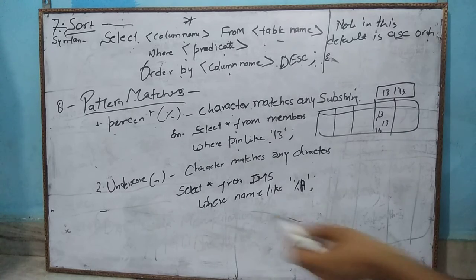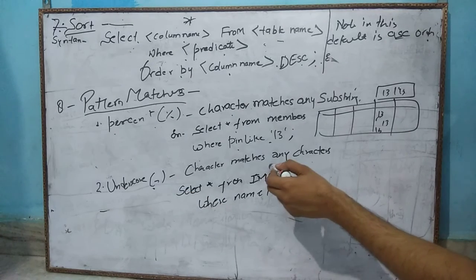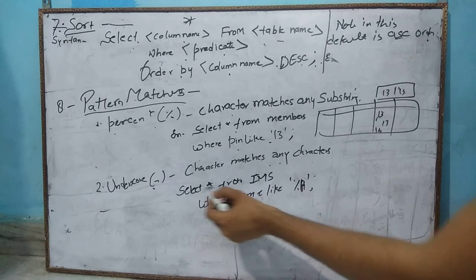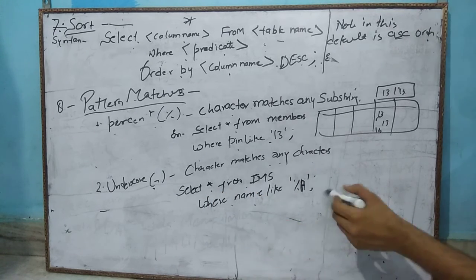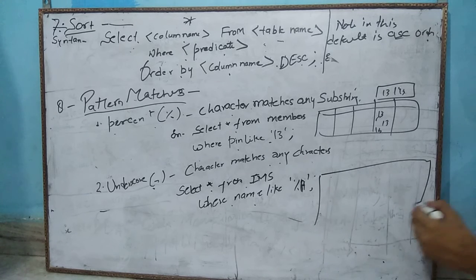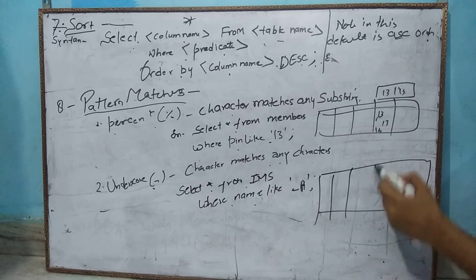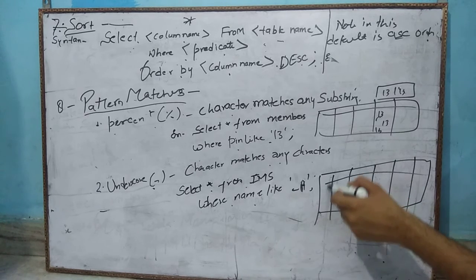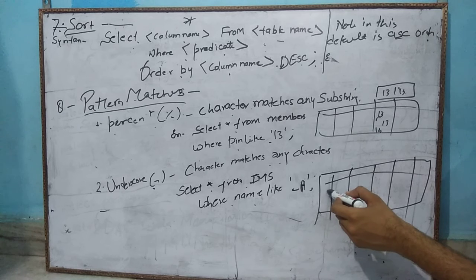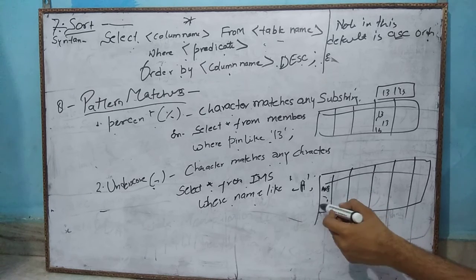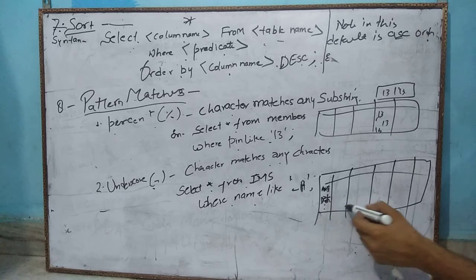Number two is underscore. It matches any single character. For example, select asterisk from IMS where name like percent underscore A. It shows the names of all the students where the name ends with A, for example Akka and Dada and so on.